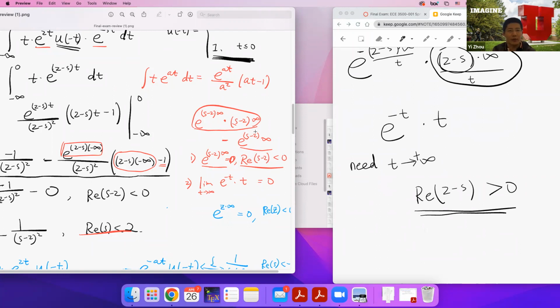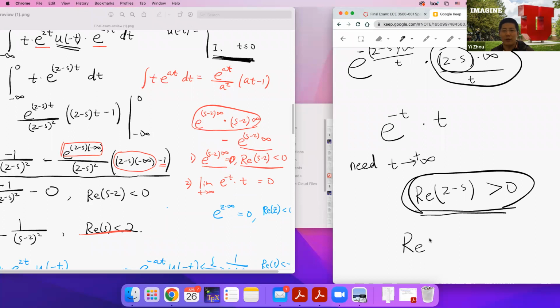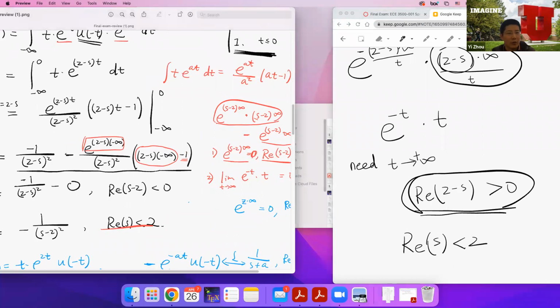For the second term, the real part of 2 minus s must be positive, which also means the real part of s is less than 2. So these two conditions are essentially the same.